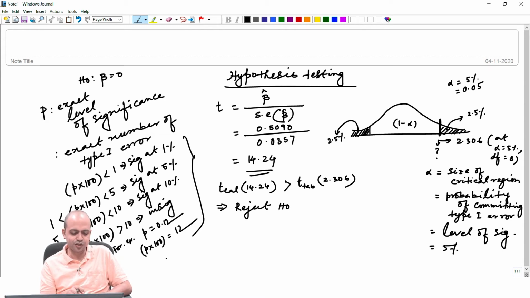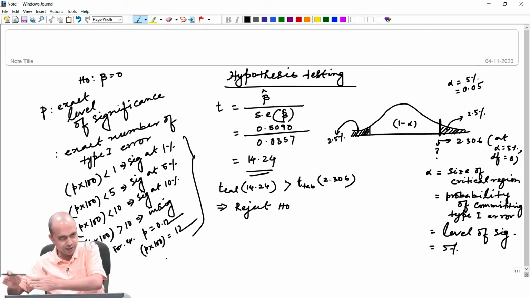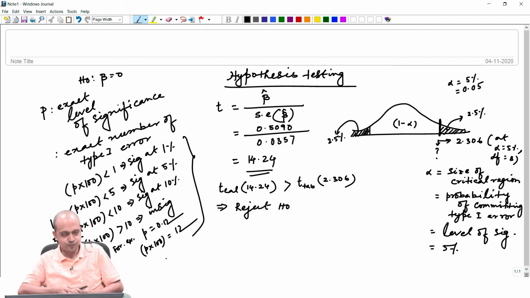And after multiplication, if it is greater than 10, then we will say that this is insignificant actually. This is the simple rule that we apply to see whether the variable is significant, following the comparing of t with the tabulated one and applying this p. So, this is called level of significance approach.